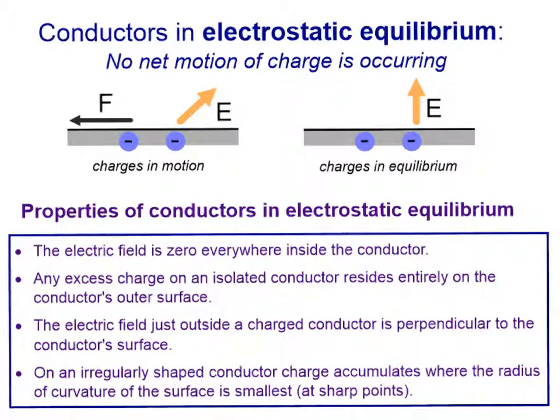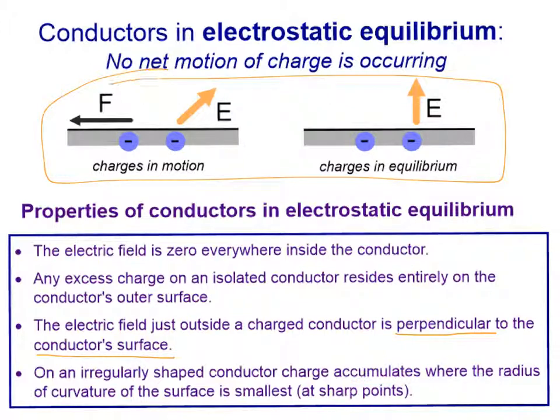The third property of conductors in electrostatic equilibrium is that the electric field just outside a charged conductor is perpendicular to the conductor's surface. And this diagram here speaks to that. In this case, the electric field is not perpendicular to the surface of the charged object. This is the charged object, the conductor, the metal.